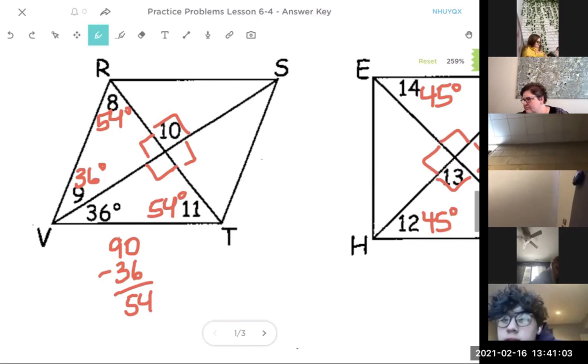The opposite sides are congruent. That doesn't help you with angles though. Oh, right. The consecutive angles are supplementary.